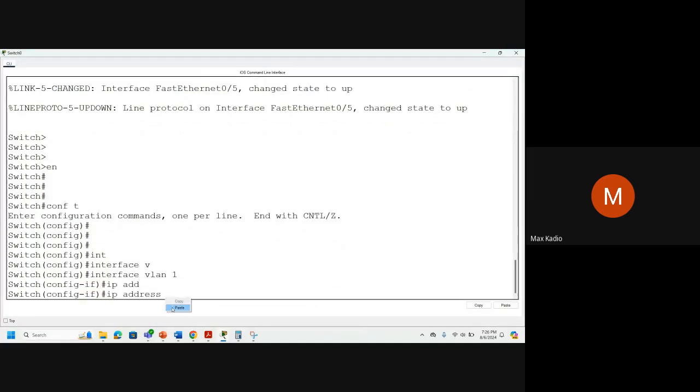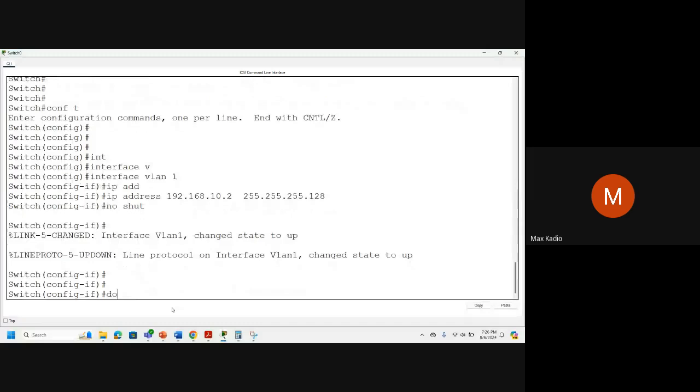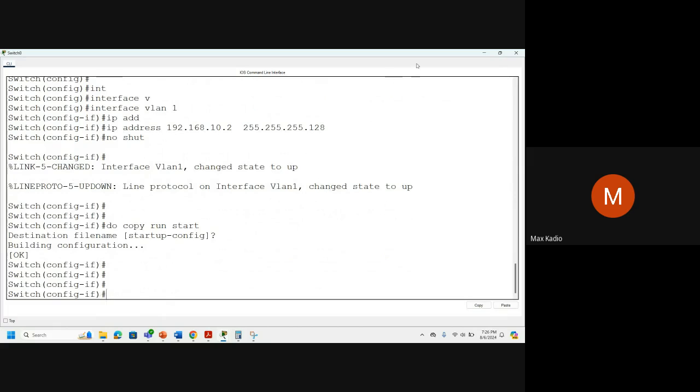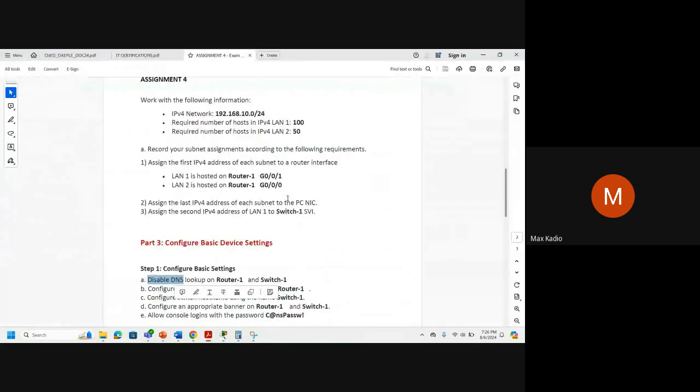And because we say /25 is 255.255.255.128, no shut. Do copy run start. And we are done also for the switch. So we did that.